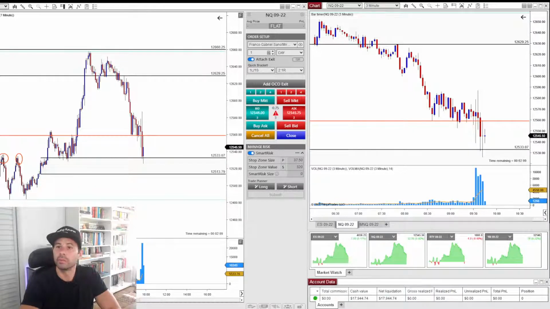All right, let's see what the dollar's doing. The dollar is just holding close to the demand, so it's creating this stairway pattern to the upside on the 5 minutes.